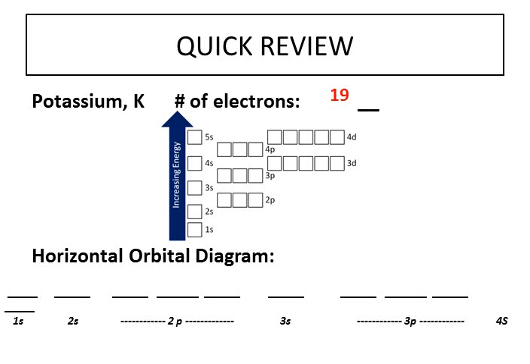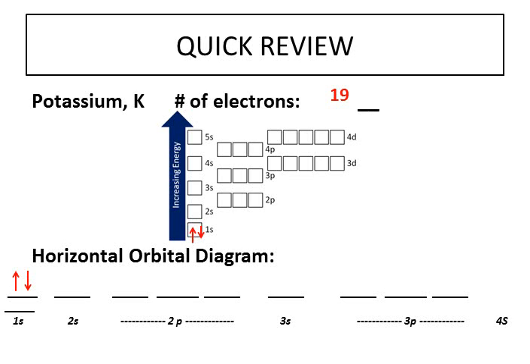Quick review, potassium has 19 electrons. When we are filling in our orbital diagrams, we are starting at the lowest energy level, which is energy level 1, and we start in the lowest energy sublevel, which puts us in energy level 1, sublevel S. So there's the first electron. We look to see if there's another orbital in 1s. There's not, so we have to buddy up.